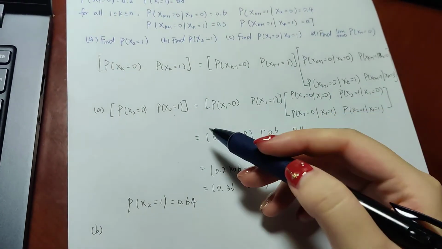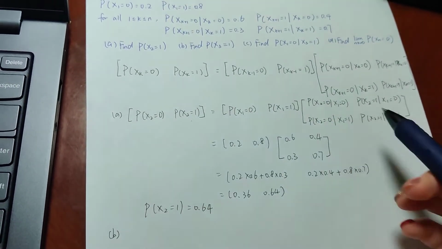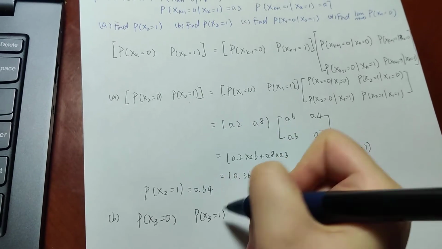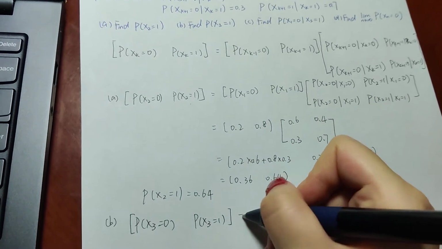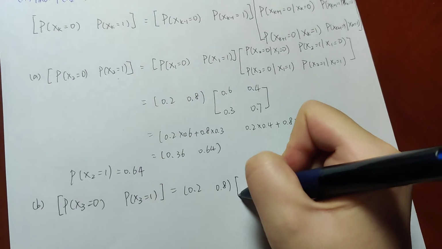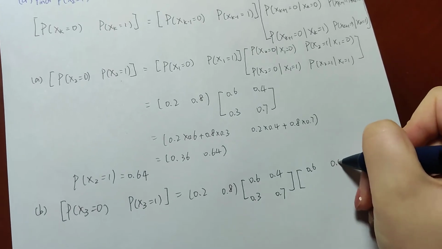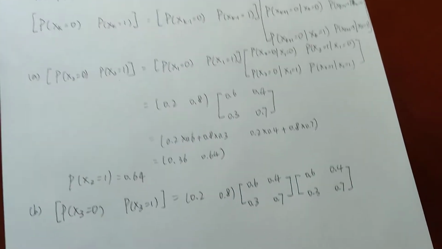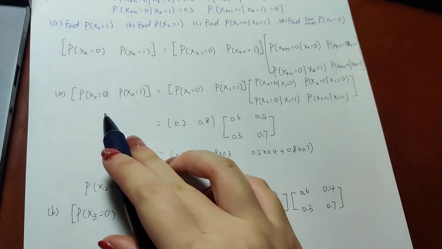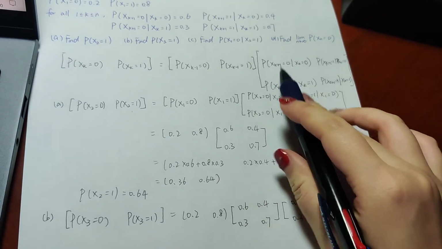The same as the last question, we can change all the number 1 to number 2 and the number 2 to number 3, so we can know that these two probabilities equal the first two multiplied by the probability of x2 equals 0 and x2 equals 1, and the third is the last.